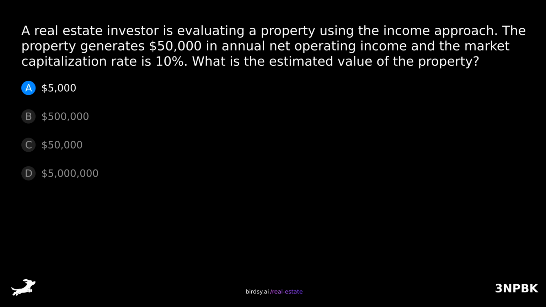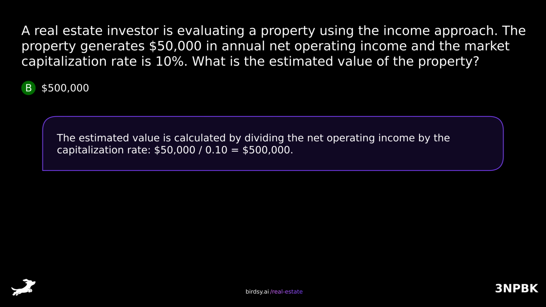Is it A, $5,000, B, $500,000, C, $50,000, or D, $5 billion? The correct answer is B, $500,000. The estimated value is calculated by dividing the net operating income by the capitalization rate. 50,000 divided by 0.10 equals 500,000.